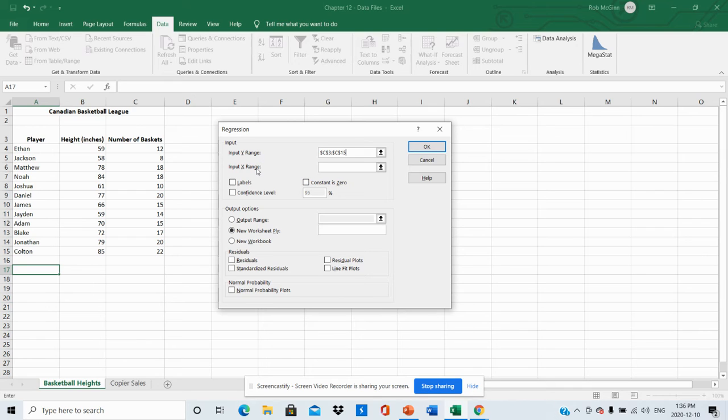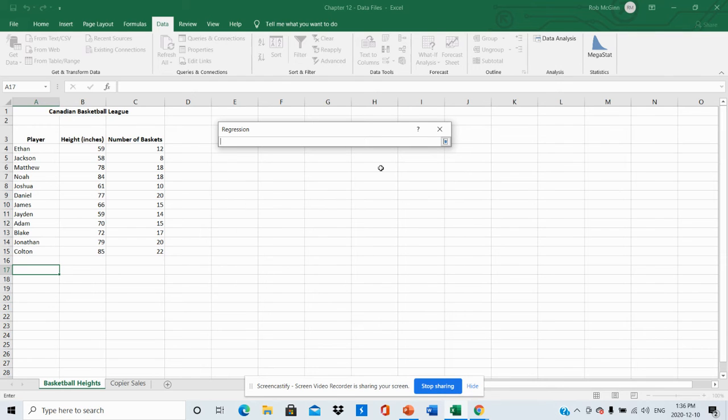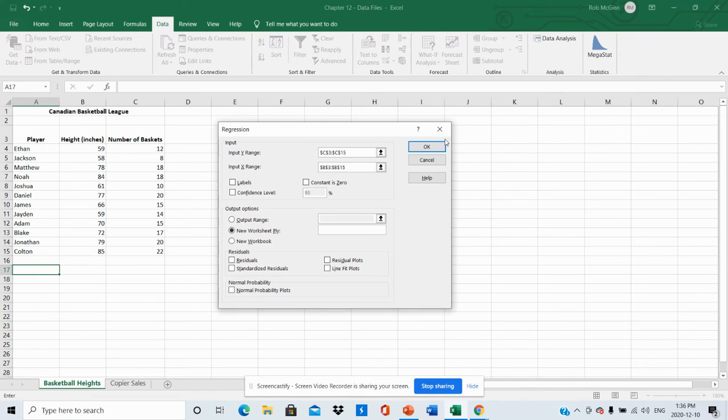Now we're going to do the same thing for our X values. Once again, we'll press on the arrow, go back to Excel. This time we're going to grab the players' heights, so labels and all the data. Perfect. Now we're going to hit the down arrow and return back to our dialog box.